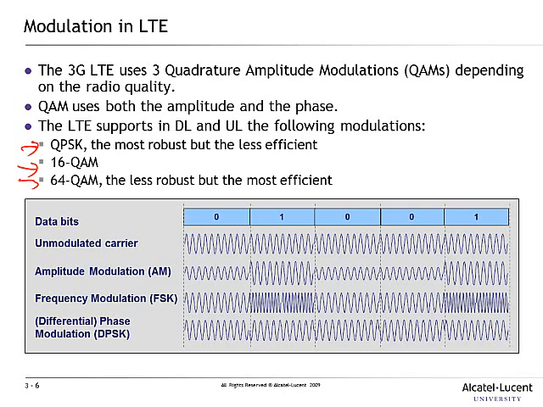So essentially, when you have a high frequency carrier, which is referred to as the unmodulated carrier in this particular case, we can either carry information in the amplitude of that carrier, and that's referred to as amplitude modulation. So for example, when we have a 0, we transmit a signal with a low amplitude. When we have a 1, we transmit a signal with a high amplitude. And this is the basic idea behind amplitude modulation.